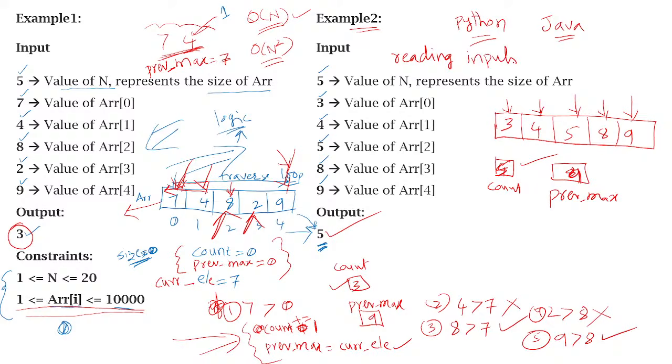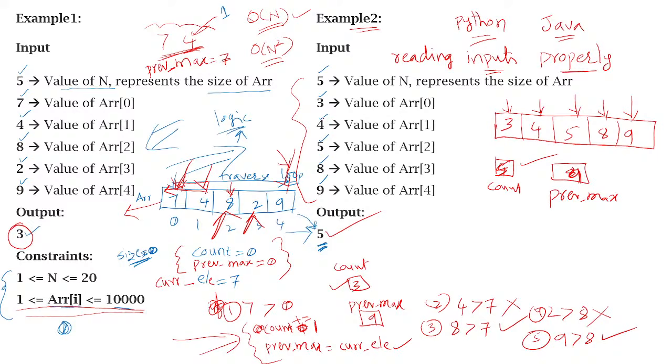If you know how to read inputs properly, then this logic conversion into code becomes very easy, because many students fail in reading the input. Sometimes input is provided in each line. You should know how to read a new line.